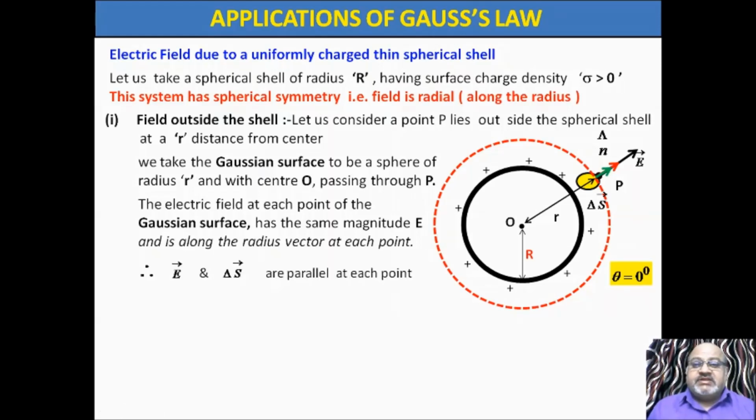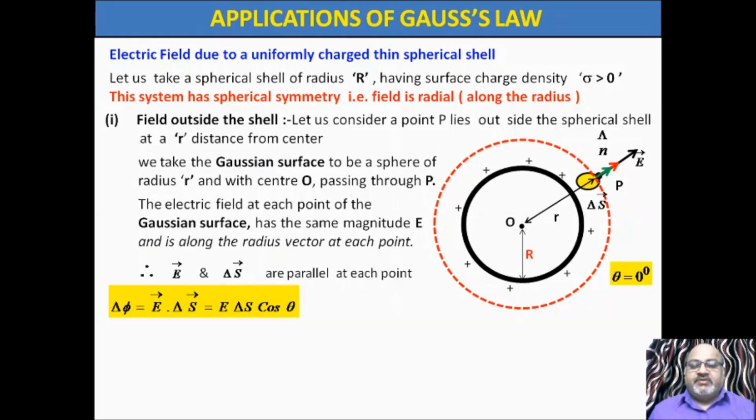See this statement on the screen: vector E and area vector are parallel at each point. Everywhere this situation is the same. Wherever you take a point on the Gaussian surface, E and delta S are parallel at each point, that is, theta is 0 degree.